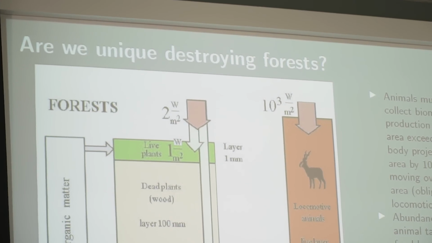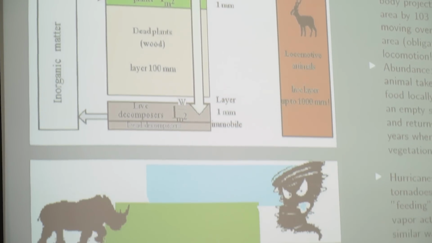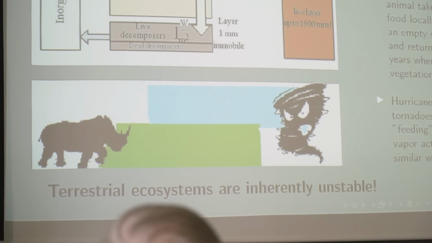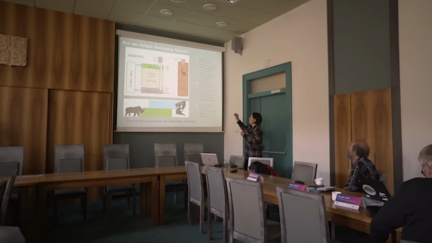So, another point which I wanted to tell you is that I showed you that there is a field for climatologists evaluating forests. But it is also a field for ecologists, because here we deal with a fundamental instability problem of the biosphere.